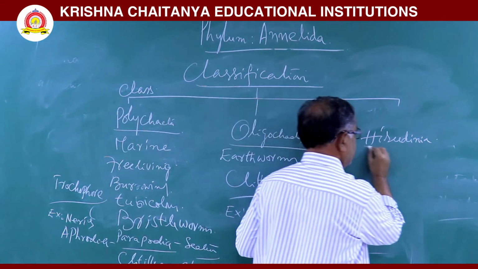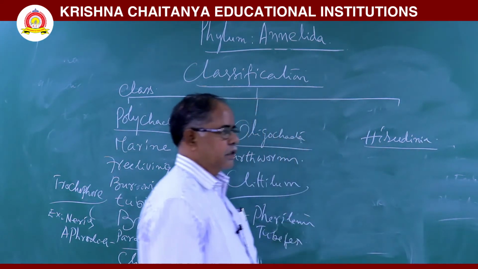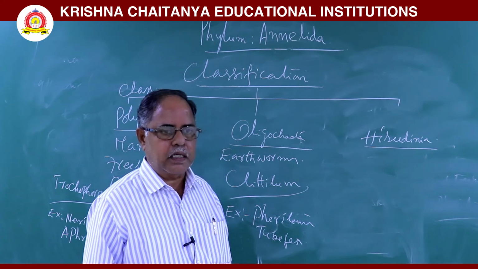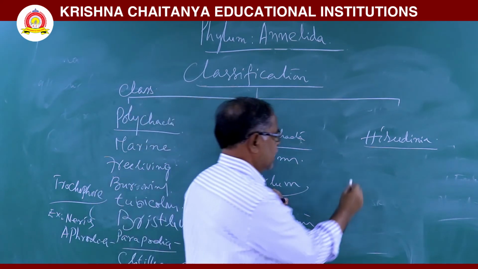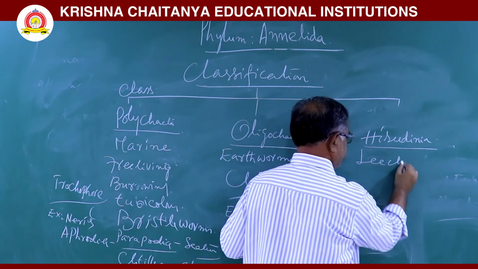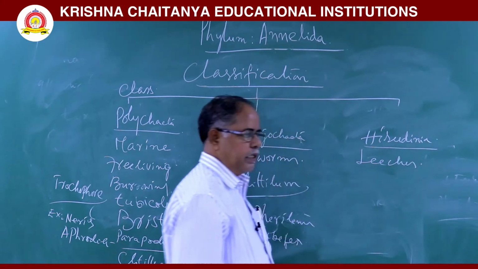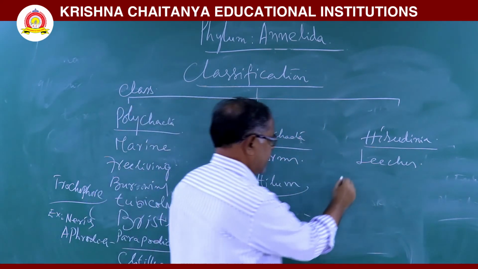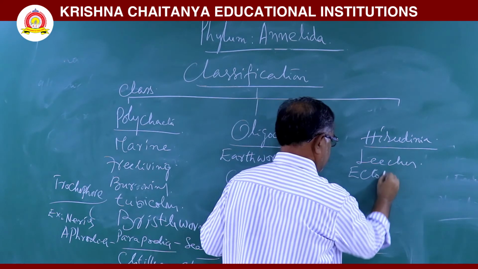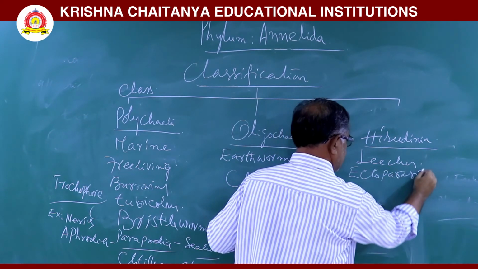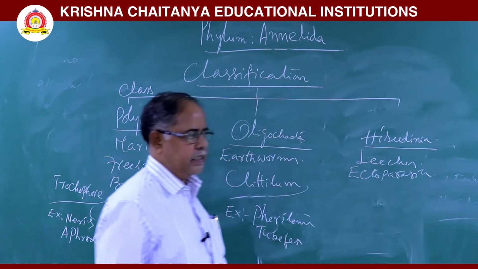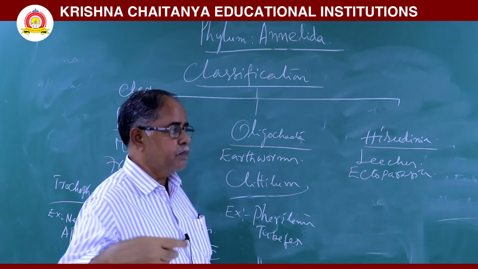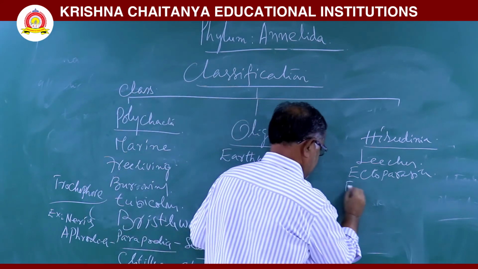Next, Hirudinea. The animals which are included under class Hirudinea are generally called leeches. They are ectoparasites. Most of them are freshwater.